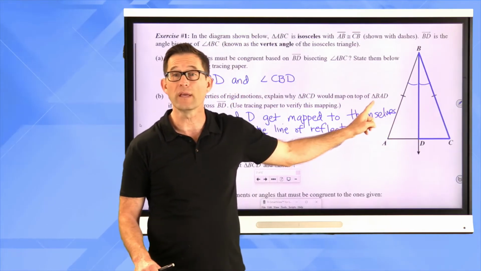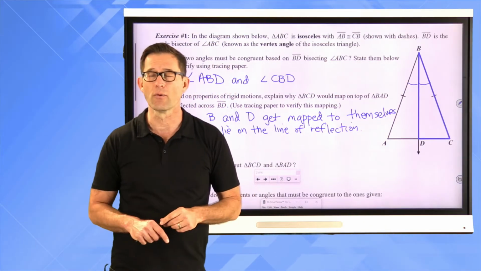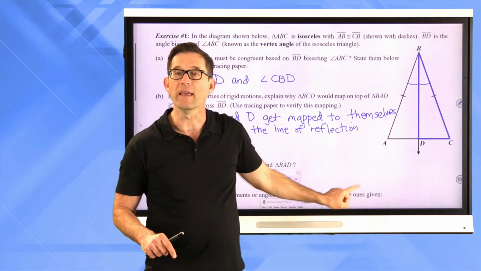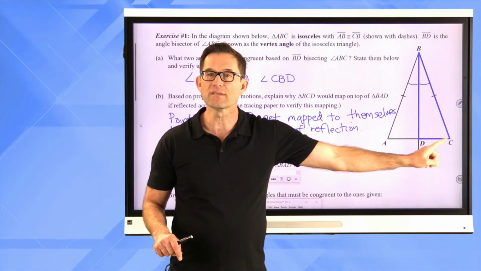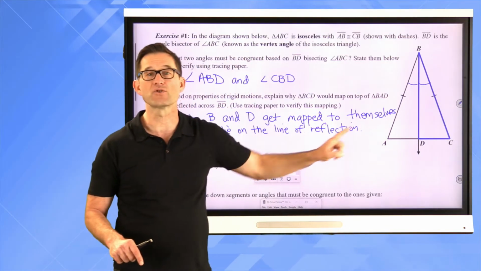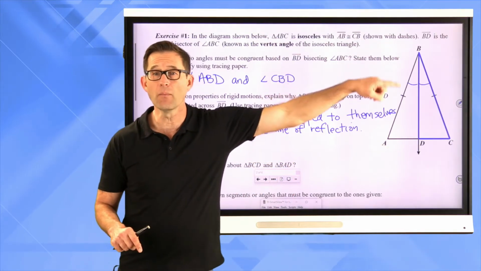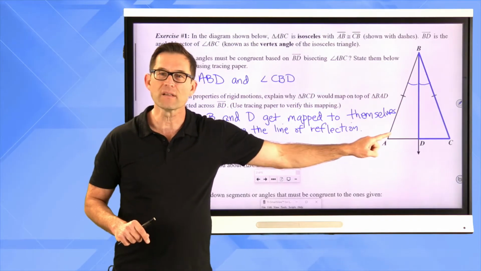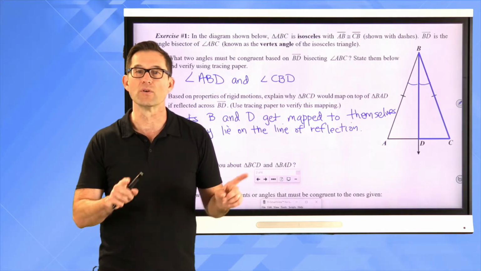If it landed somewhere out here, then the two angles wouldn't be the same anymore and a reflection wouldn't preserve angle measure. But not only does it land on ray BA, it must land exactly at point A because it is the same distance away from B as A is. So because reflections also preserve distances, it must land on A. It's got to land somewhere on ray BA because reflections preserve angle measurements. But then it must land exactly on point A because reflections also preserve distance.